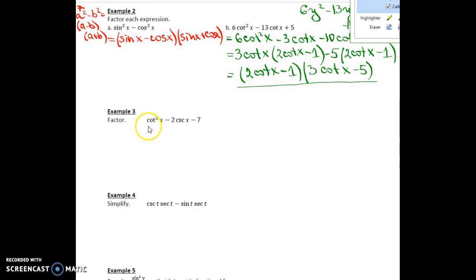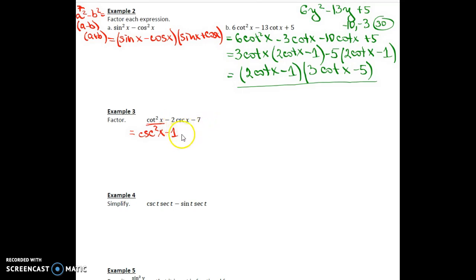One of your Pythagorean identities uses cotangent squared of x. So we can replace cotangent squared of x with the cosecant squared of x minus 1. This was found from the Pythagorean identity that uses cotangent squared of x by rearranging the terms.